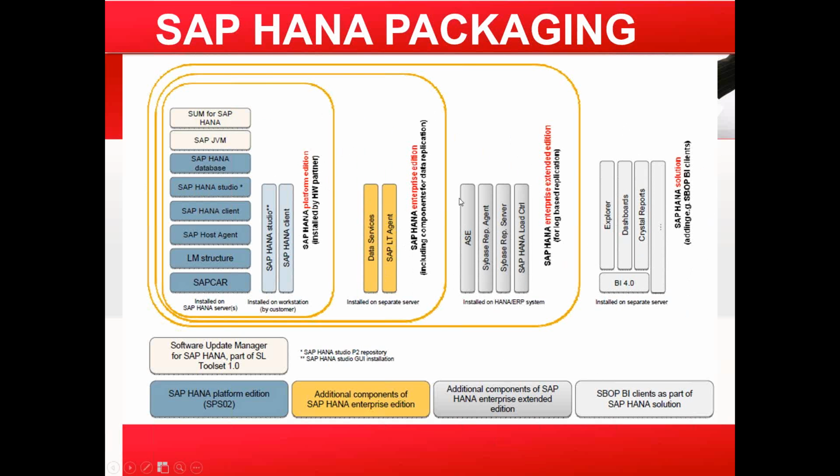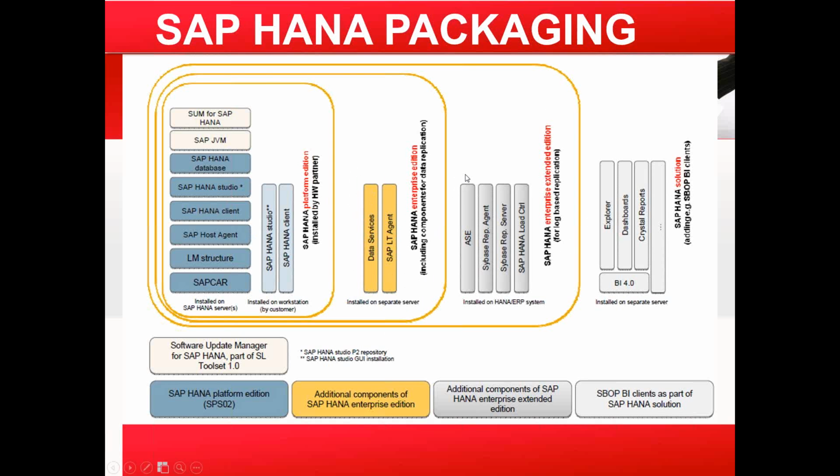They would like to emphasize this part because they want to charge a separate licensing for the replication server. Data services and SLT are nowadays free. For data services, they do a subsidized licensing if you purchase HANA. So data services and SLT are the most prescribed and recommended in most projects.